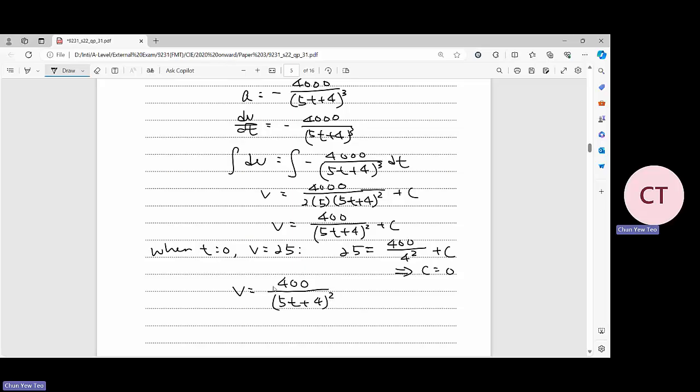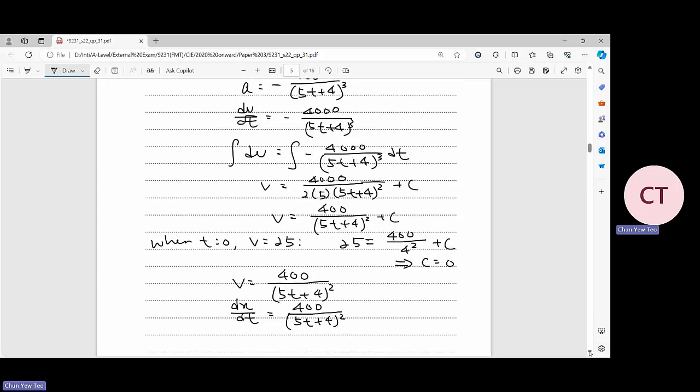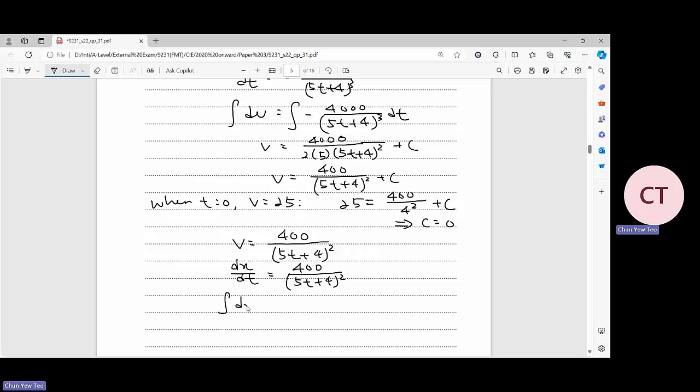But the question wants x in terms of t. So we need to change the v back to dx dt. Do the integration one more time. This time we can find the x. Then x is equal to negative 400 divided by 5 and (5t plus 4) plus d.